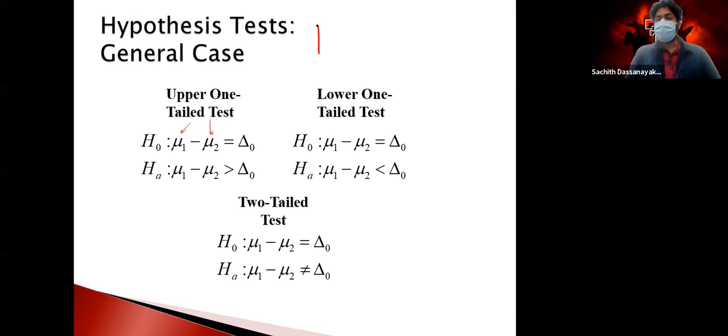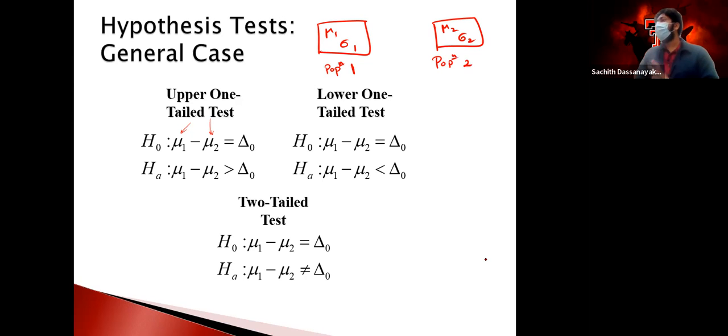So they are like this: mu 1, sigma 1. Here, mu 2, sigma 2. This is population 1, this is population 2. They are 2 different populations. So we are interested in their mean difference, the population mean difference.